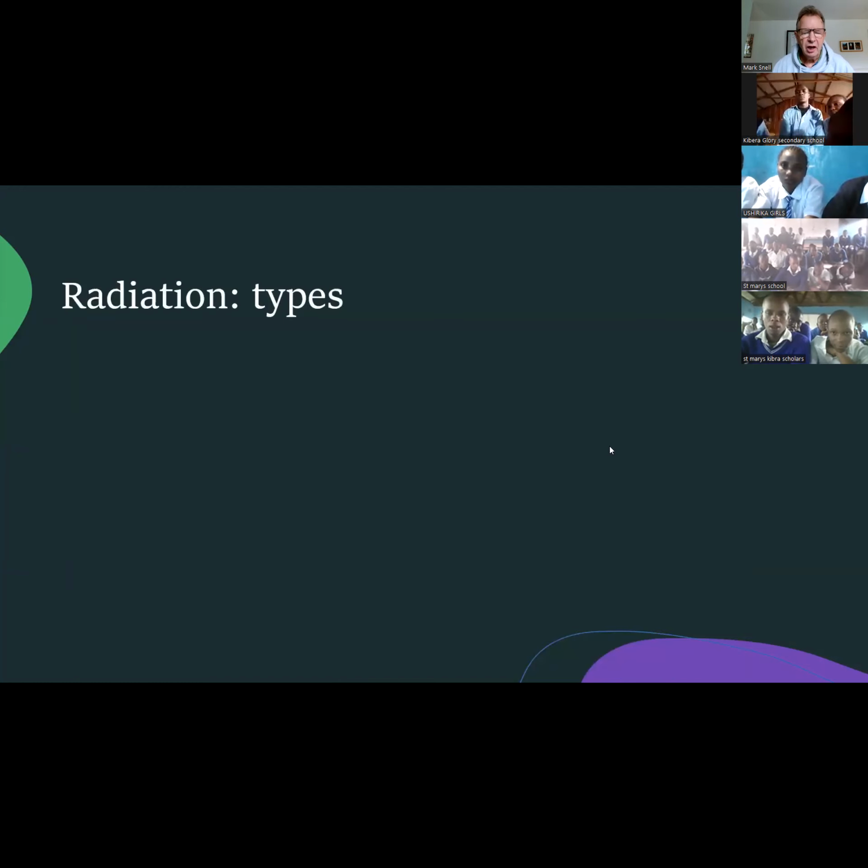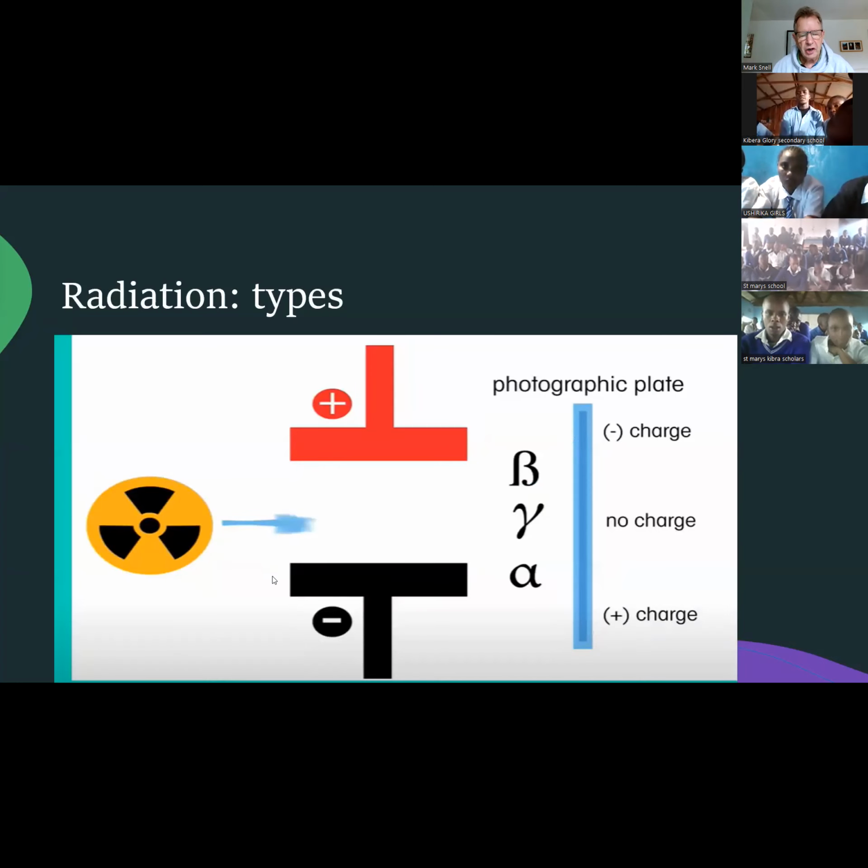Now, you probably know that the ones which are attracted towards the negative are alpha particles, the ones which are attracted towards the positive are beta, and the ones which go straight through are called gamma rays, not particles. Alpha, beta, and gamma are the first three letters of the Greek alphabet.